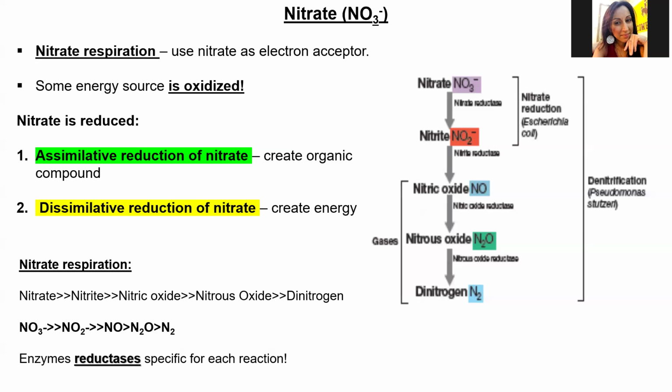There are certain microorganisms that form nitrous oxide reductase. Each of these conversions, from NO3 minus to NO2 minus to NO to N2O and N2, is catalyzed by a specific reductase: nitrate reductase, nitrite reductase, nitric oxide reductase, and nitrous oxide reductase.